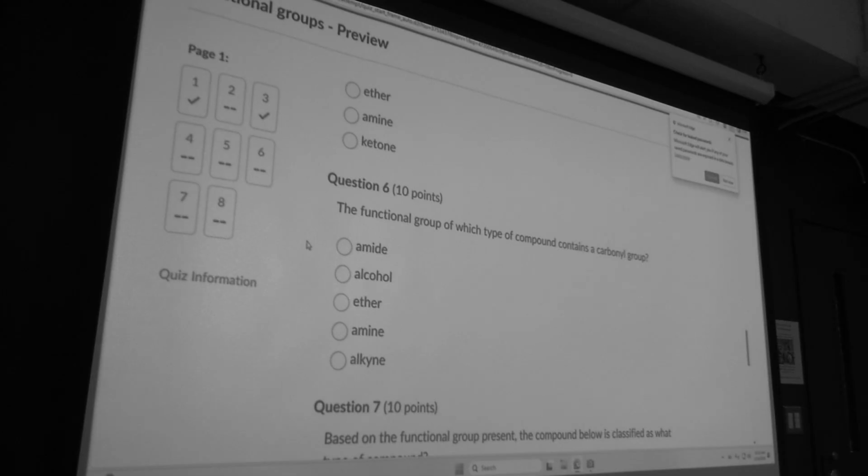So the carbonyls, the carbon double bonded to oxygen, which of these functional groups contains a carbonyl? Carbonyl is carbon double bonded to an oxygen.